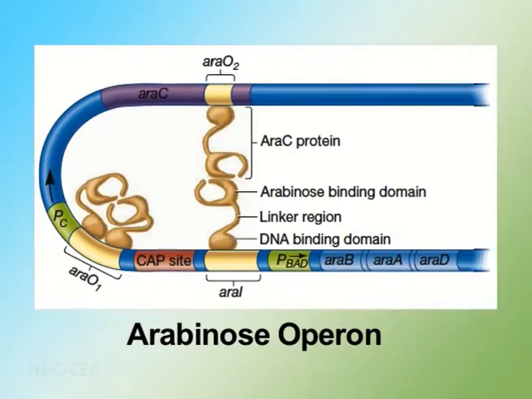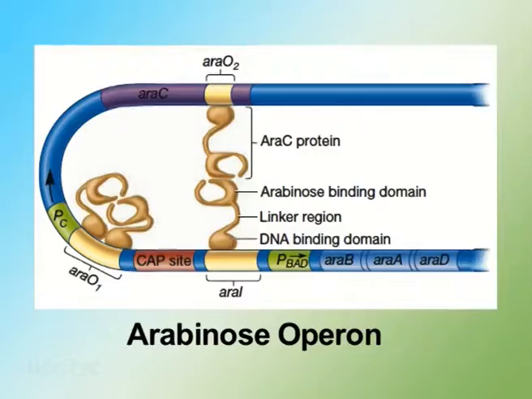We will see that one molecule of Ara-C binds to Ara-I1 and another molecule of Ara-C will bind to Ara-O2. Both of them have the tendency to form dimers. And actually, dimerization is the driving force towards the bending of the DNA.